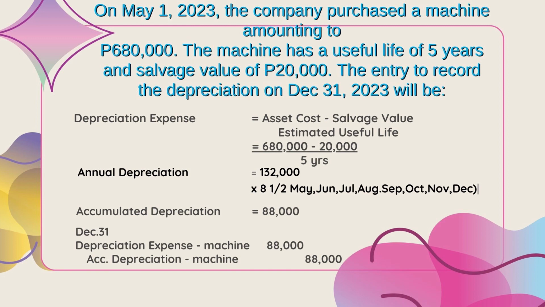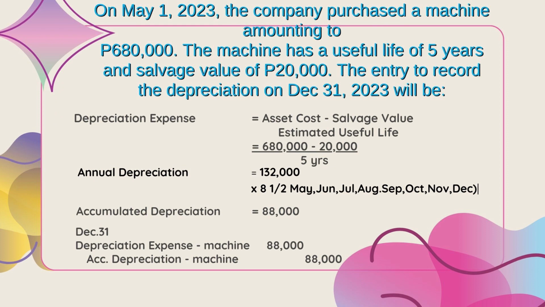So our solution here is the depreciation expense is equal to asset cost minus salvage value divided by estimated useful life. So you have to distribute that one. The asset cost is 680,000 minus 20,000 divided by 5 years, which is the total annual depreciation of 132,000.